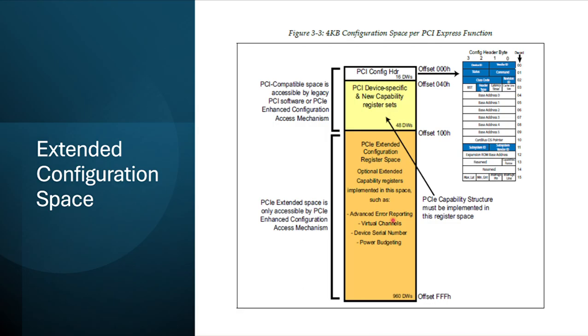Advanced error reporting means the device will issue an error message if it received, for example, a malformed TLP. If advanced error reporting is enabled inside the DUT, it will send the error message to the root port or to the upstream side of the device. This is the configuration space.